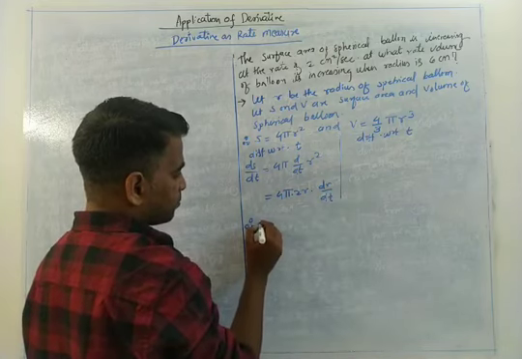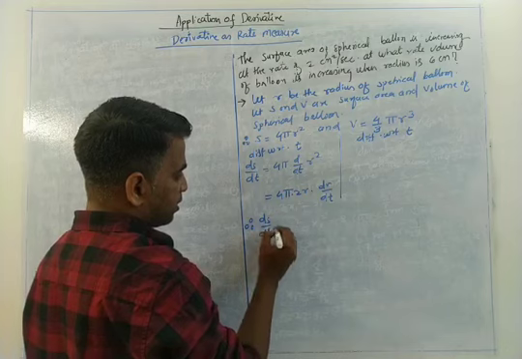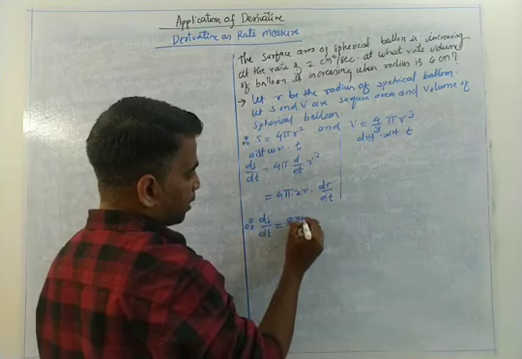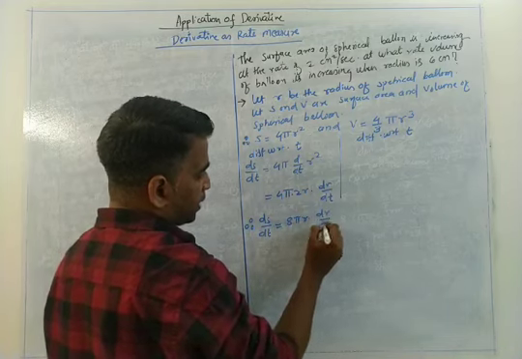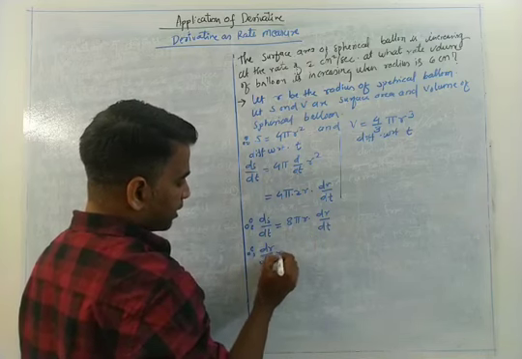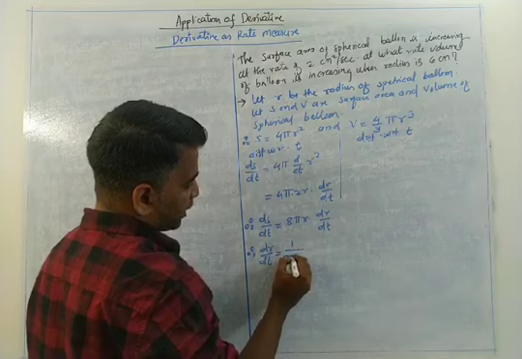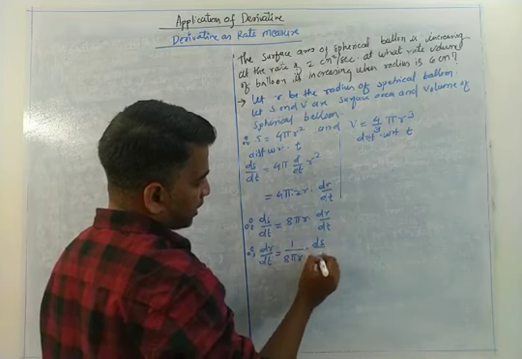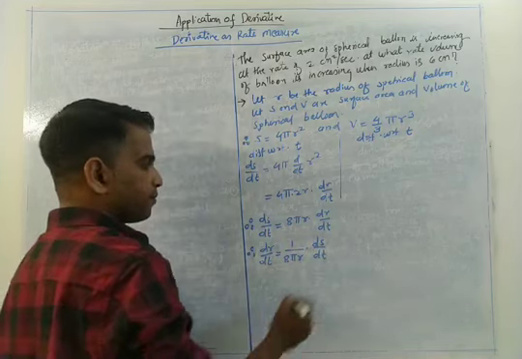Therefore dS by dt is equal to 8 pi r into dr by dt, so dr by dt is equal to 1 upon 8 pi r into dS by dt.